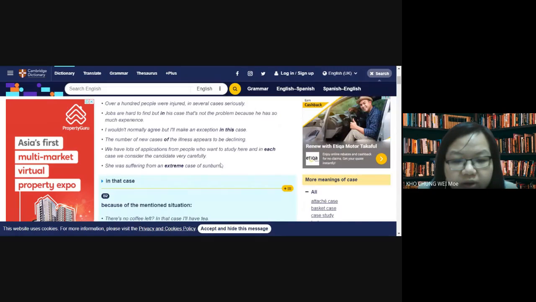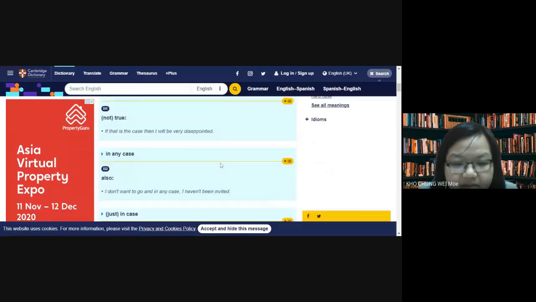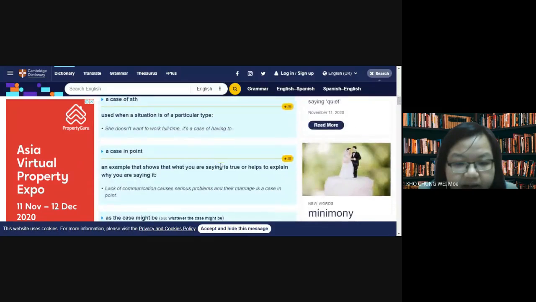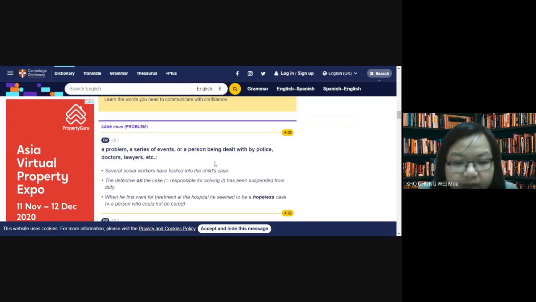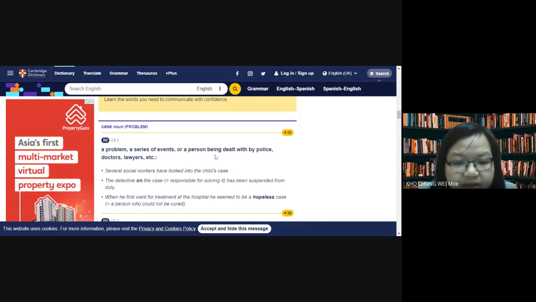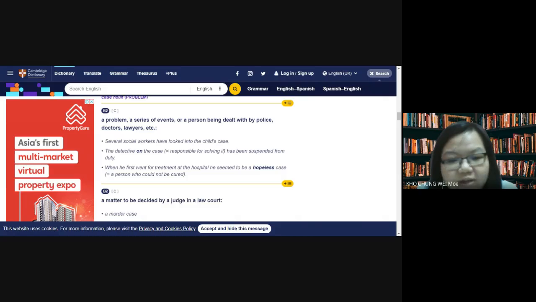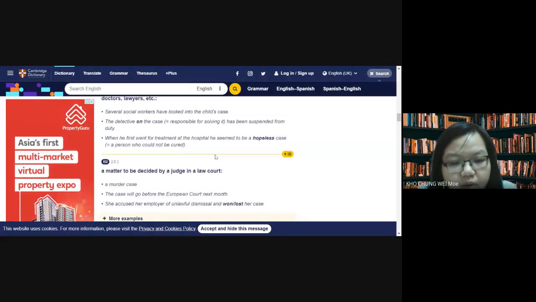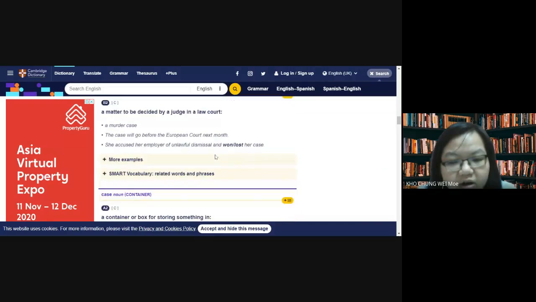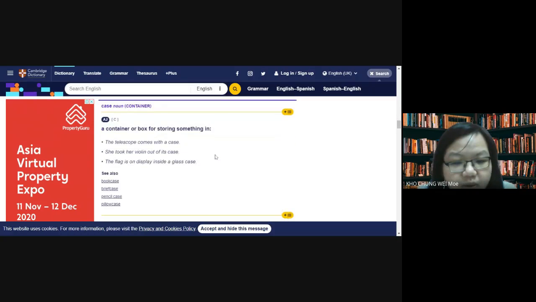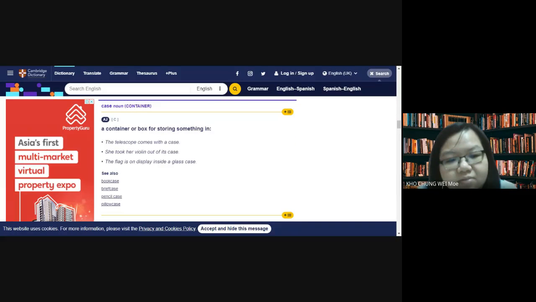We are talking about a handphone case. In any case, case of something, more example, nope, that is not the case that we want. A problem, a series of events, a person being dealt with by police, doctors, lawyers, like the COVID-19 case, this is not what we were looking for as well. A matter to be decided by a judge in a law court, like a court case, that is not what we want. This is what we want: a case, a container or box for storing something in.